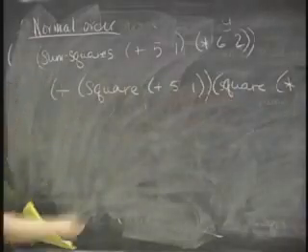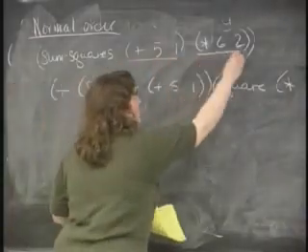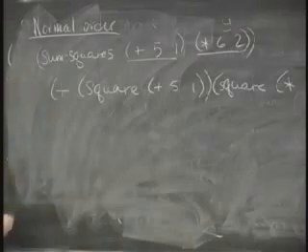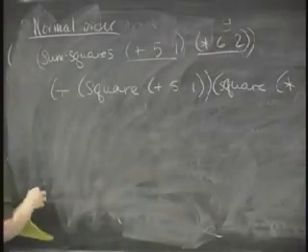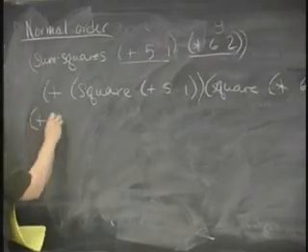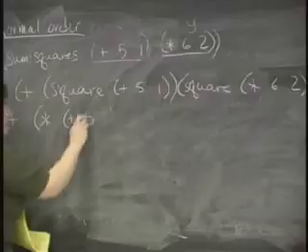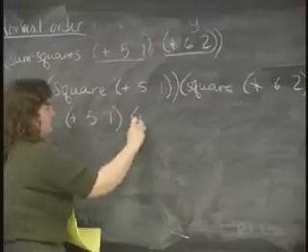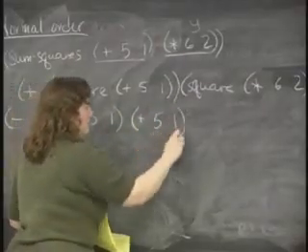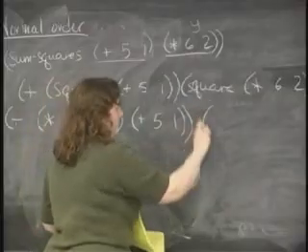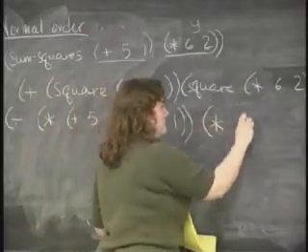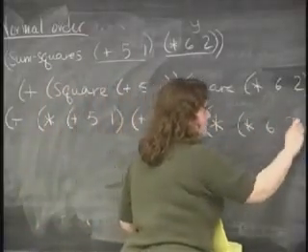So we haven't evaluated this or that. We're going to wait until we need it. Right now, we're just going to substitute that expression in. This expands out to plus 5(1) times plus 5(1), plus 6(2) times 6(2).